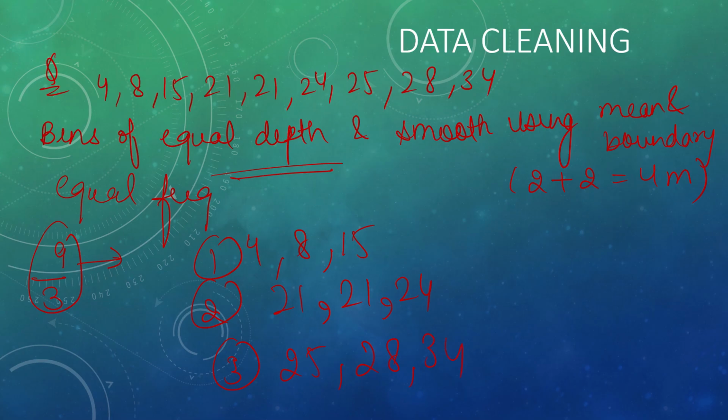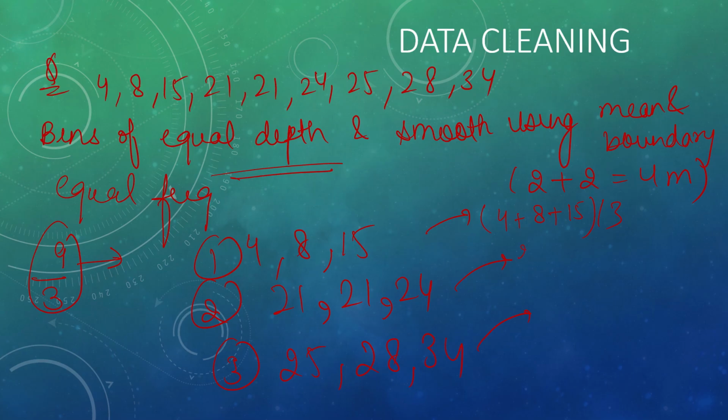Then after that, for bin 1 in mean part, what you'll do is you'll take the mean, that is 4 plus 8 plus 15 divided by 3. Similarly, in the other two bins. In the boundaries, you'll take the minimum and maximum value. I'll tell you first. Replace each value with the nearest boundary value of its bin.